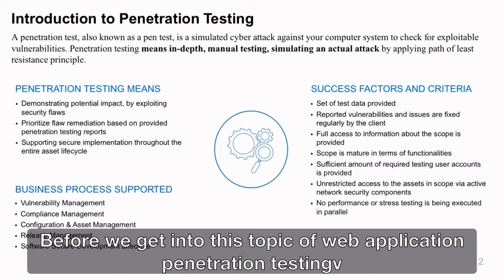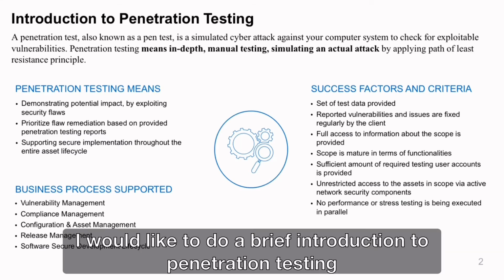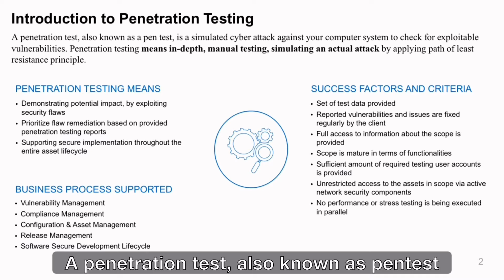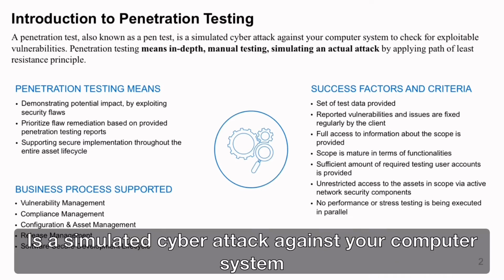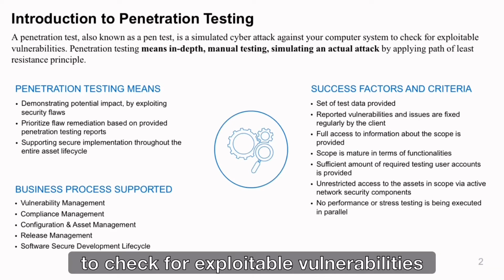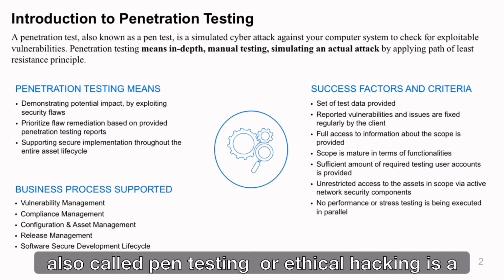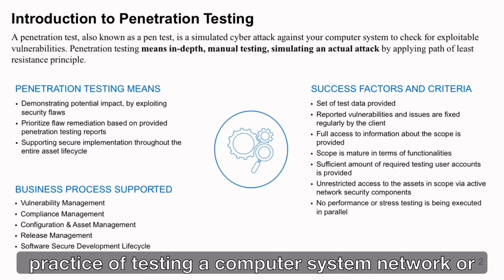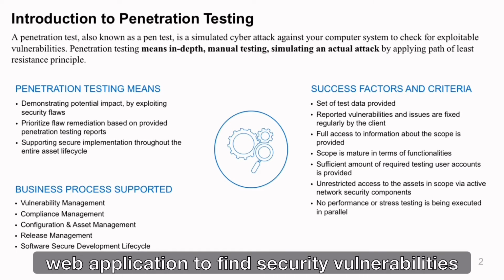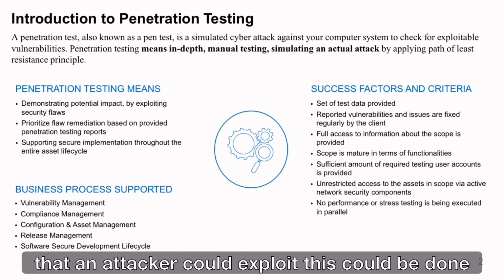Before we get into today's topic about web application penetration testing, I would like to do a brief introduction to penetration testing. A penetration test, also known as a pen test, is a simulated cyber attack against your computer system to check for exploitable vulnerabilities. Penetration testing, also called pen testing or ethical hacking, is the practice of testing a computer system, network, or web application to find security vulnerabilities that an attacker could exploit.